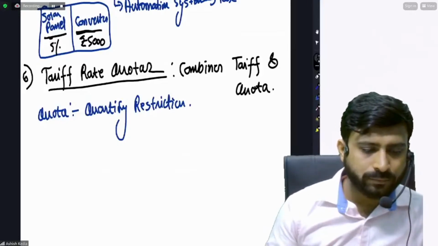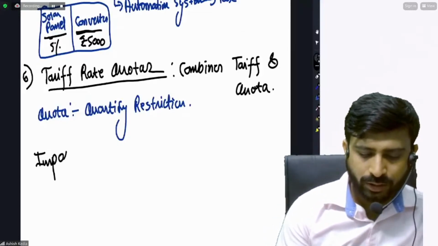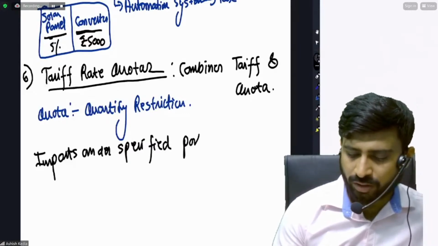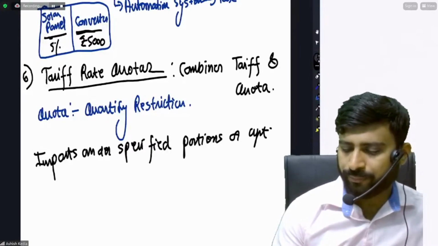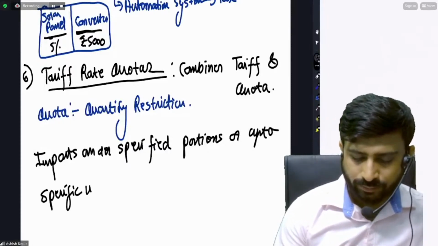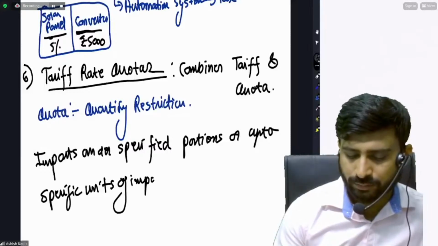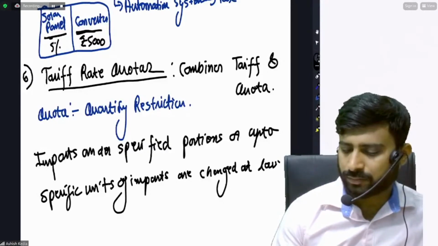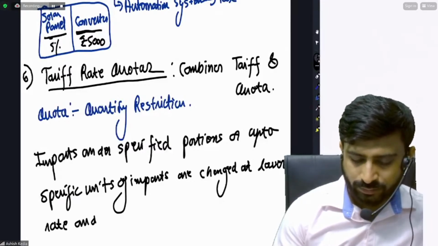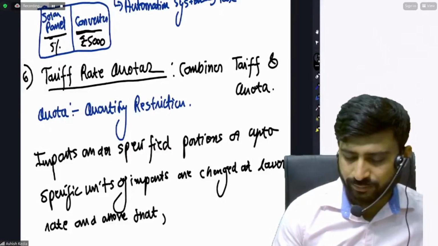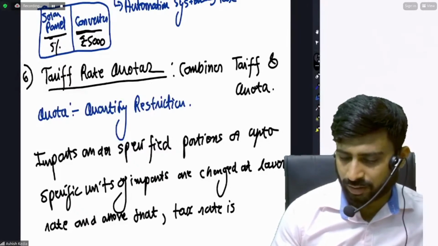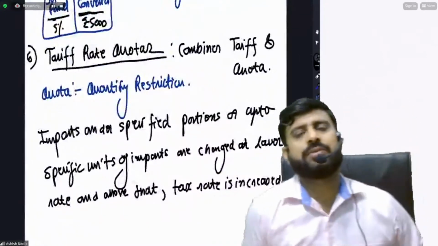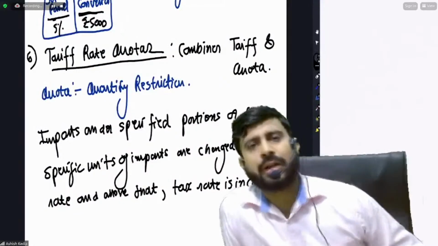Imports under specified portions, or up to specific units of imports, are charged at a lower rate, and above that the tax rate is increased. That is, friends, tariff rate quotas.